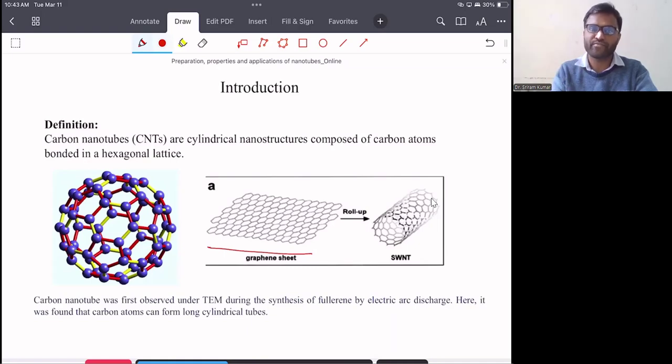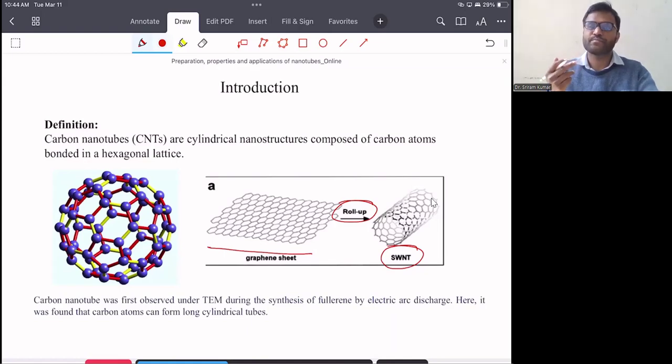that becomes graphene. And once you have this graphene sheet, if you roll it into a cylindrical kind of structure, that becomes a CNT.